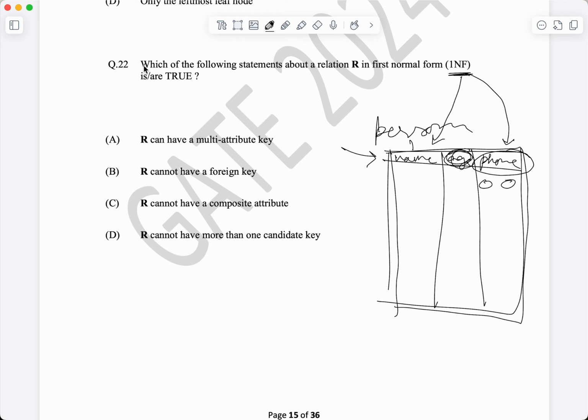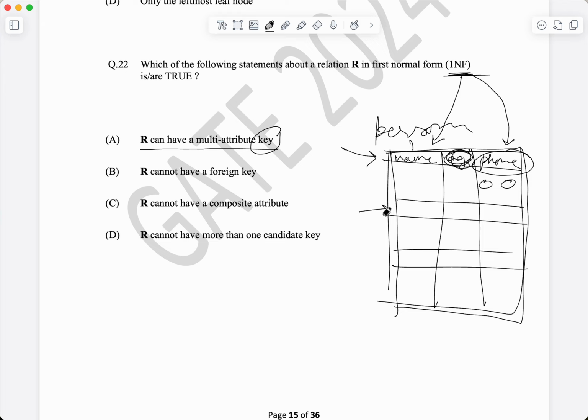Now let's come back to the question. This is the only restriction, more or less. Which one of the following statements about a relation R in first normal form 1NF is true, right? Okay, let's come here. R can have a multi-attribute key. What does a key mean? Suppose there are a lot of entries inside of this table.